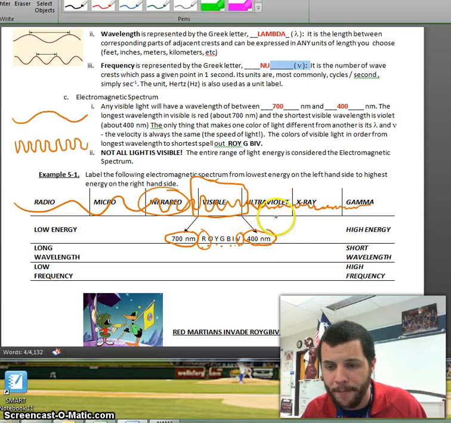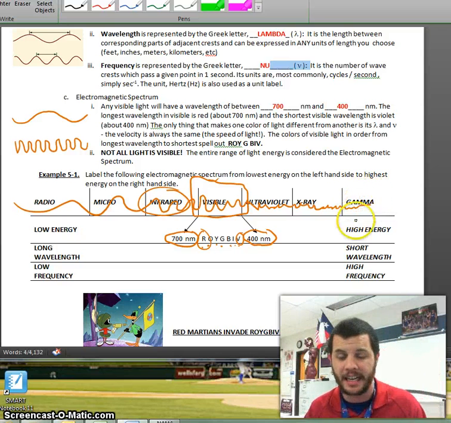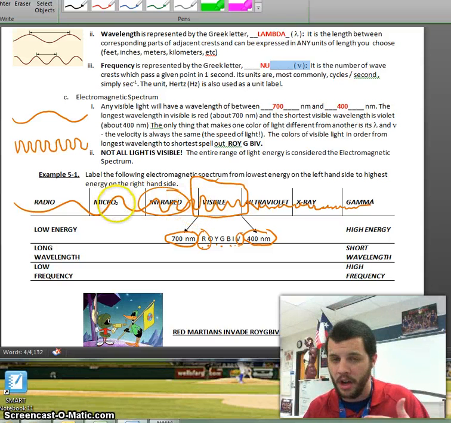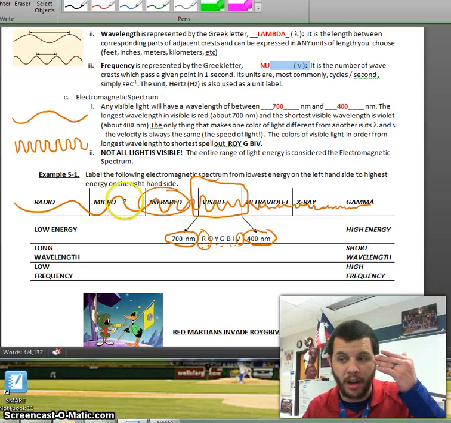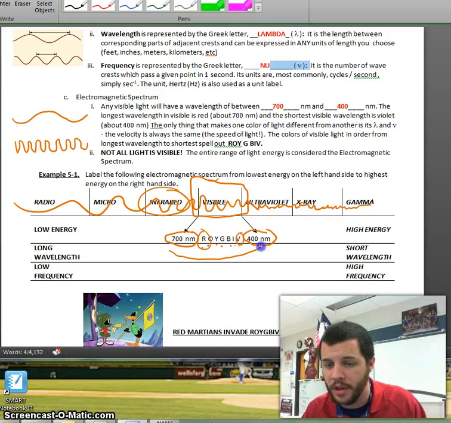Anything shorter than that is going to be ultraviolet or shorter, which is not something that our eyes can detect. Anything longer than that is also infrared and beyond. So that's also things that our eyes cannot detect. Our eye can only detect this light range right here.